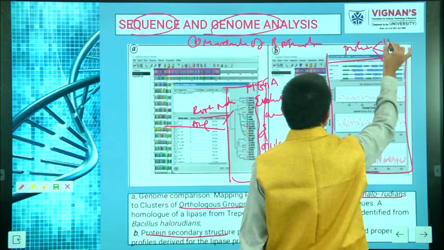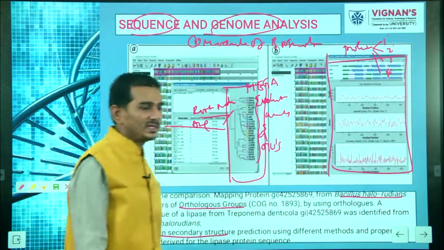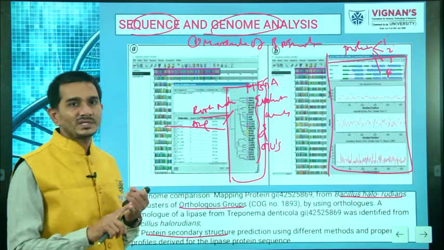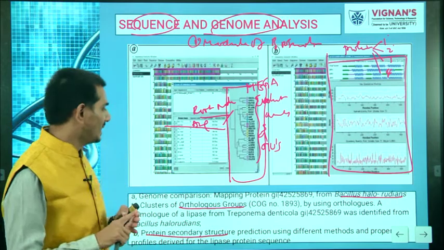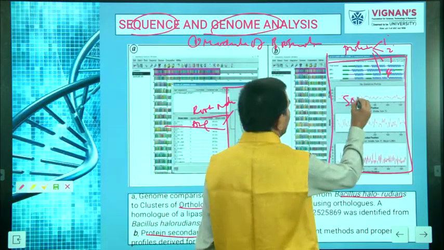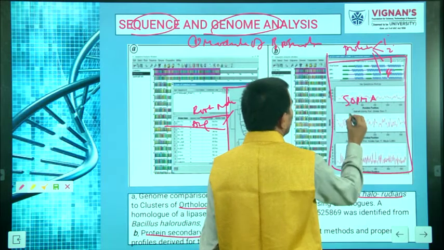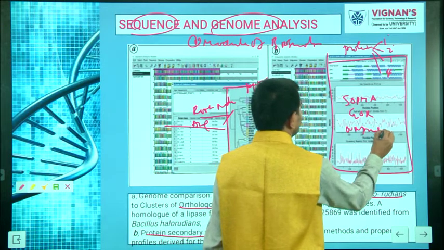As mentioned earlier, protein exists in 4 conformations: primary structure, secondary structure, tertiary structure, and then the quaternary structure. So, here we can use tools like SOPMA, GOR, NN predict, right.